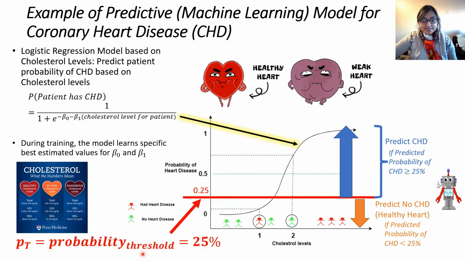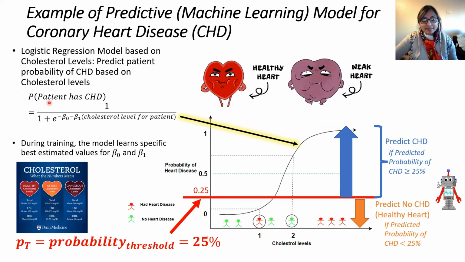Based on the logistic regression model again, it's a model based on any variables, like let's say again in this example that these are cholesterol levels, and the machine learning model could be anything. It can include as many different predictive variables as needed, but let's say that it is based on cholesterol levels.